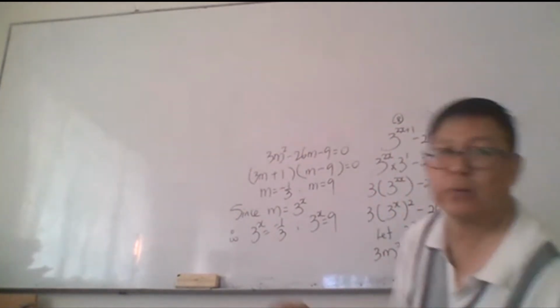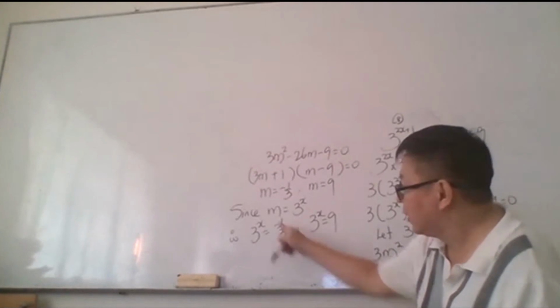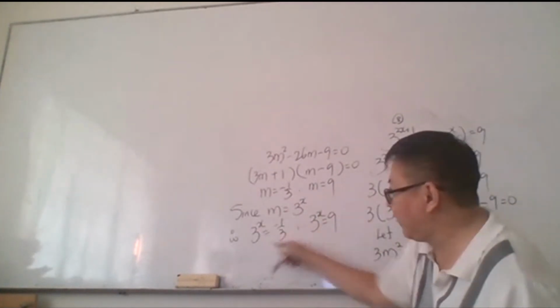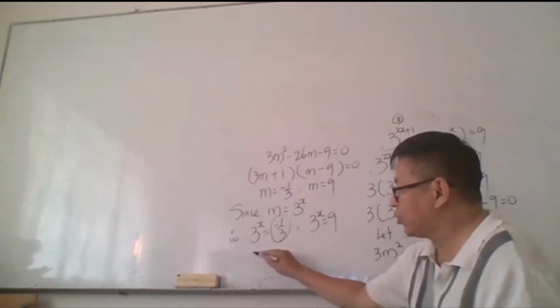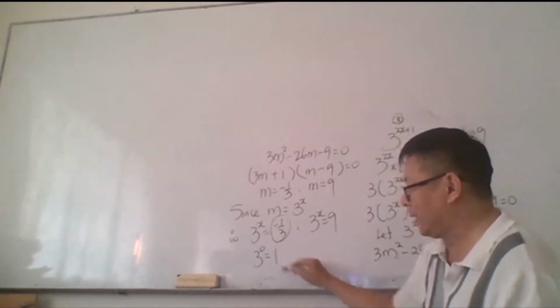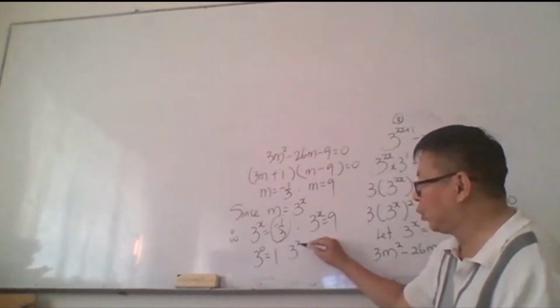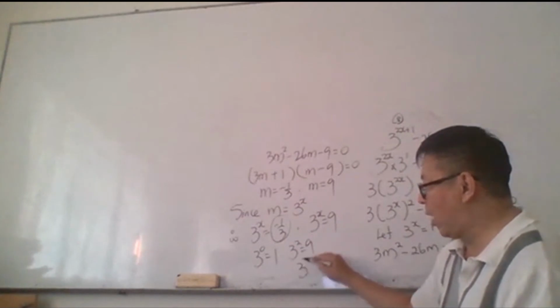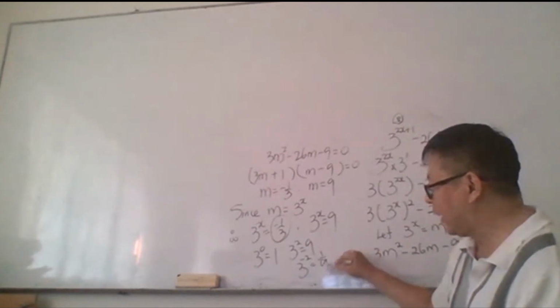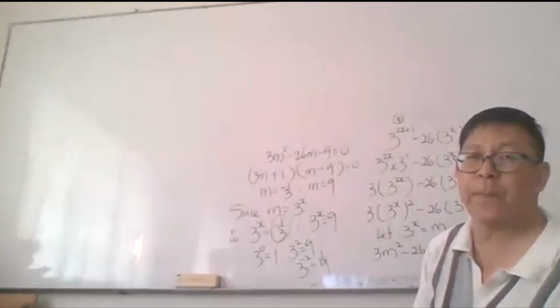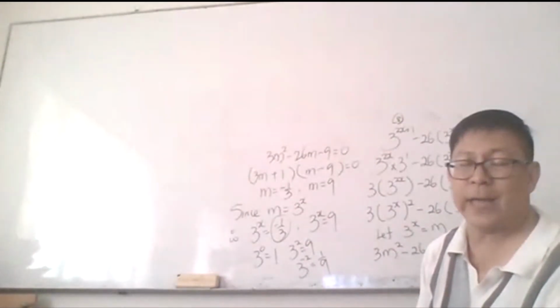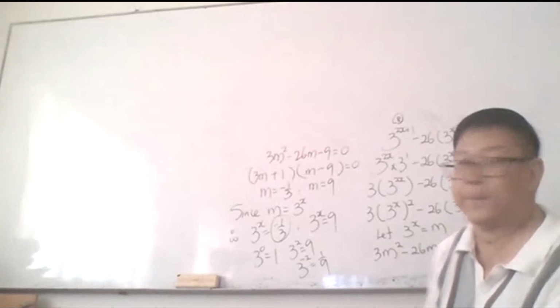But I can tell you that for indices, we cannot get a negative value. No way. Why? Because 3 to the power of 0 is 1, 3 to the power of 2 is 9, and 3 to the power of negative 2 is 1 over 9. Whatever number you replace into the x, you cannot get a negative number.